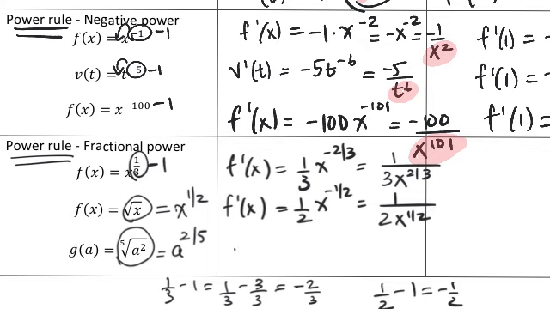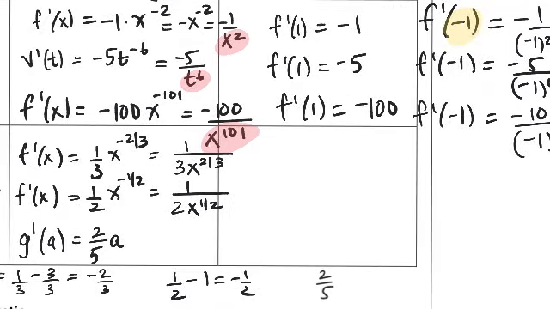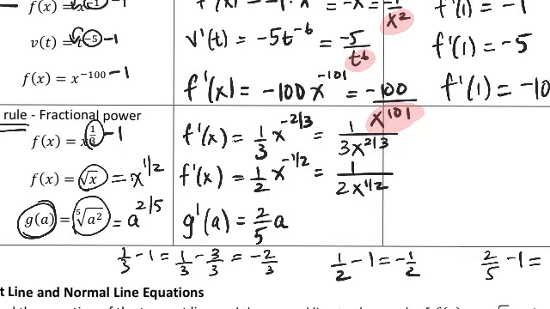Then g prime of a, notice, use the function name and the variable name that you've been given, be consistent with that. So g prime of a is 2/5 a to the 2/5 minus 1, that's 2/5 minus 5/5, which is negative 3/5. So a to the negative 3/5, and this is equal to 2 over 5a to the 3/5.